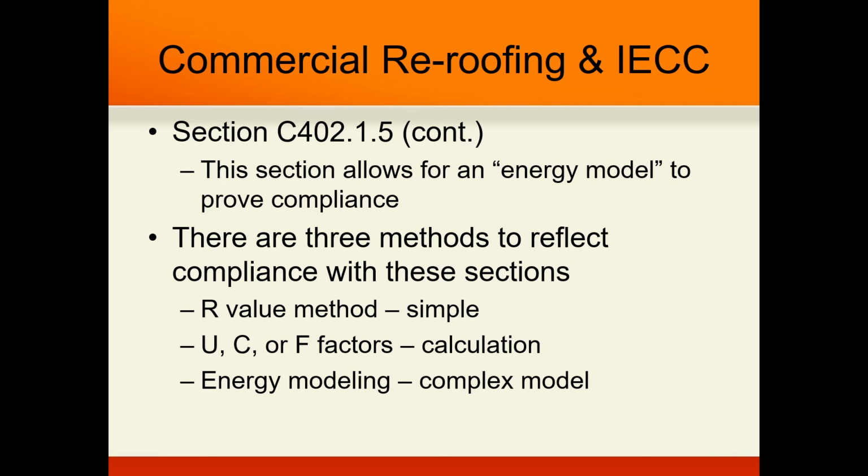You have buildings that are operational and you can't interfere with their operations. So ultimately, you may end up coming back to the same solution that the simple solution from the R-value gives us.